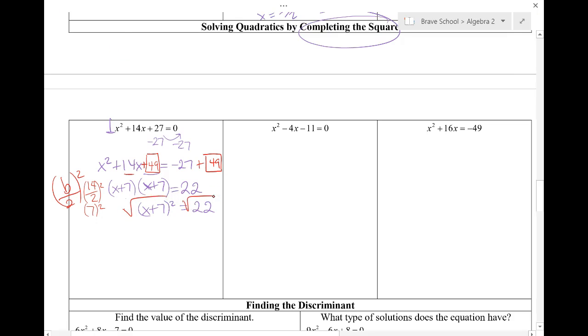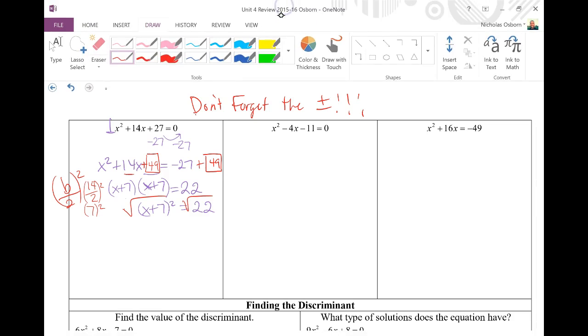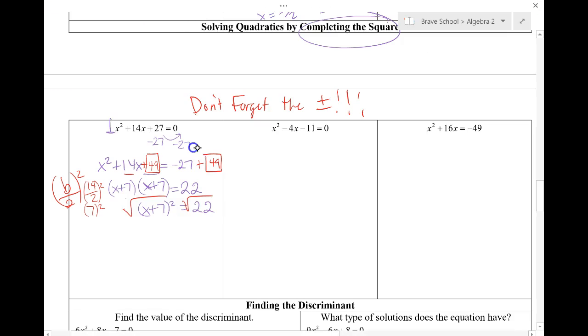And remember, if you square root something, don't forget the plus minus. So now we are going to end up with x plus 7 over here, and then plus or minus the square root of 22.